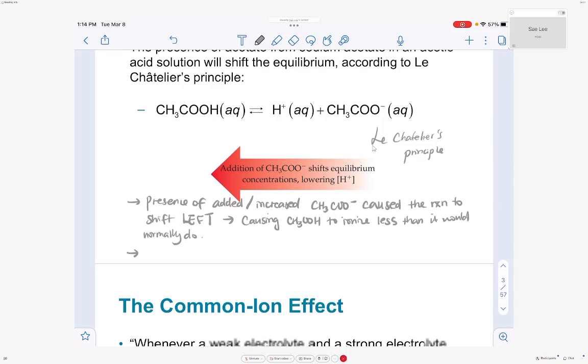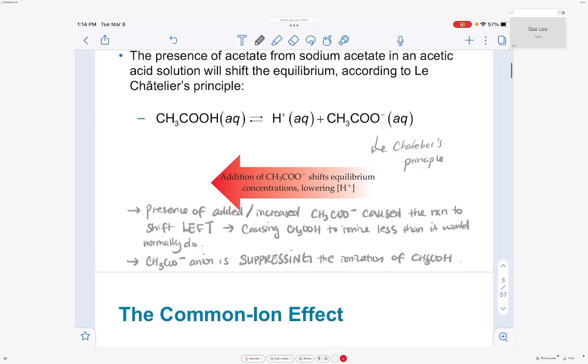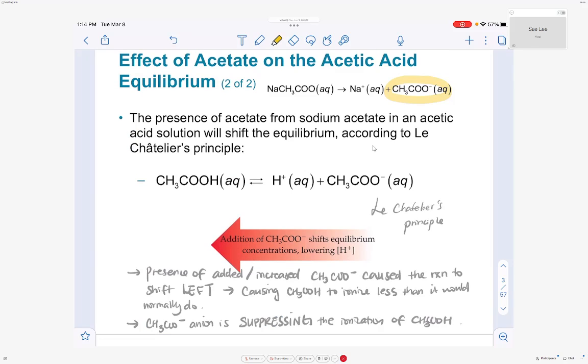Okay, and then this, in other words, we can say that this acetate anion is suppressing the ionization of acetic acid.